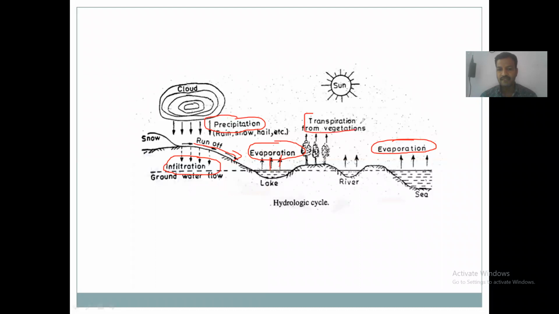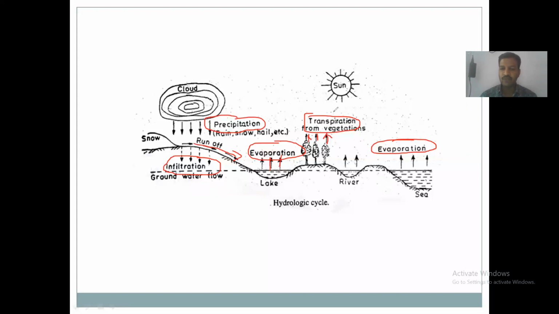And transpiration is the escape of the water from the trees, the plants, the vegetation. That water will escape into the atmosphere from the vegetation due to their breathing process or metabolic process.